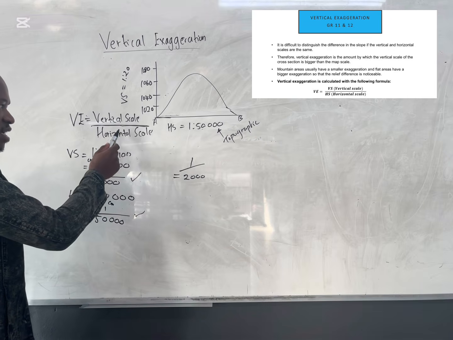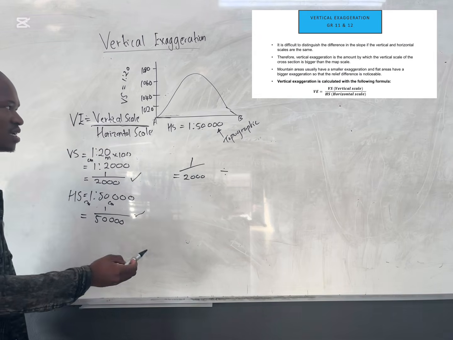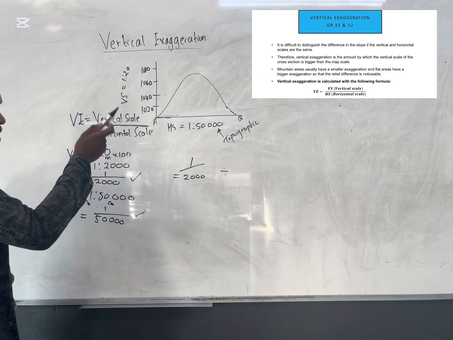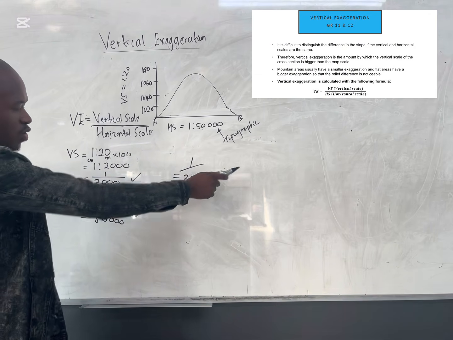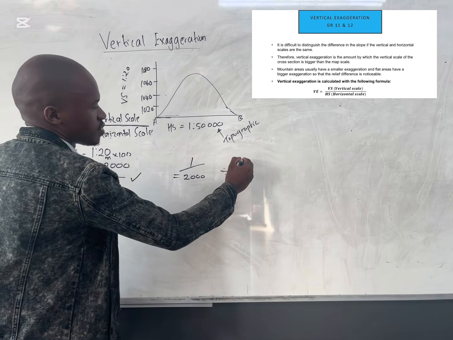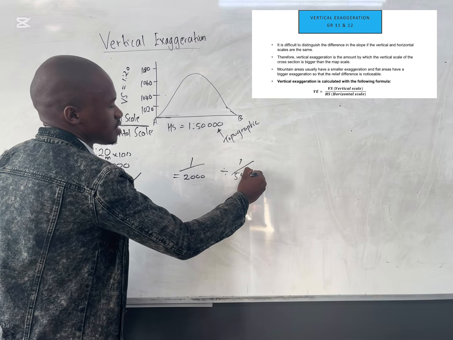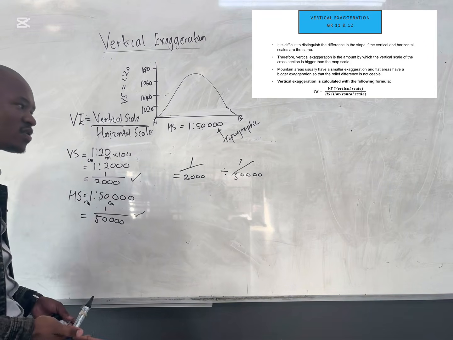This represents division. So put your division sign there. Vertical scale divided by horizontal scale. My horizontal scale is 1 over 50,000. Right? Now at this step, you can punch it in your calculator.